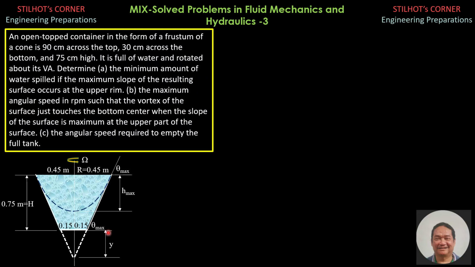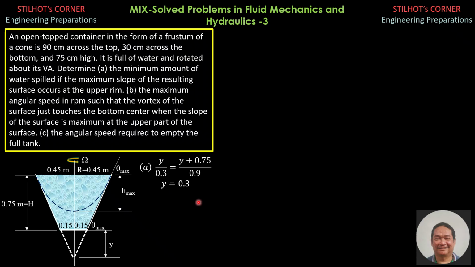So let's solve for y. First part is the minimum amount of water spilled. That's represented by this volume of paraboloid of revolution of height, which is, as I said, (0.75 + y) divided by 2. But I will show you that it's the same even if you use the formula. So y is to 0.3 by similar triangles equals y plus 0.75 is to 0.9, the diameter at the top.